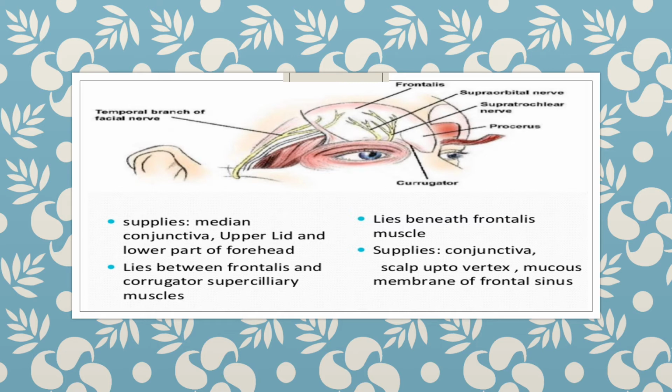It receives communicating branches from the infratrochlear nerve also, and it curves around the superomedial margin of the orbit, and it supplies medial conjunctiva, upper lid, lower part of the forehead, and lies between the frontalis and corrugator supercilii muscles.